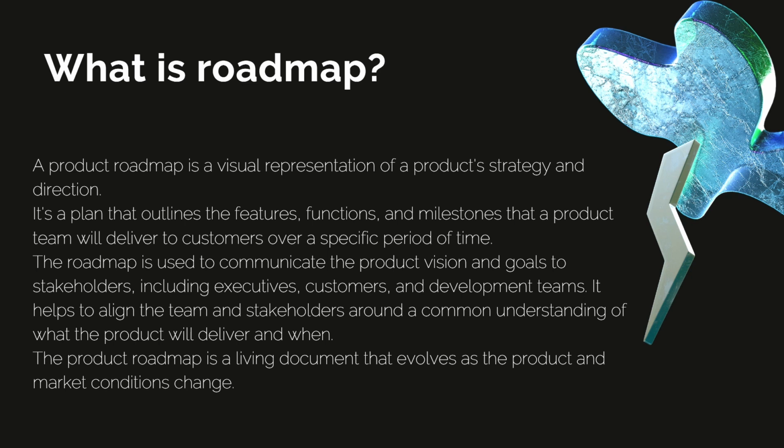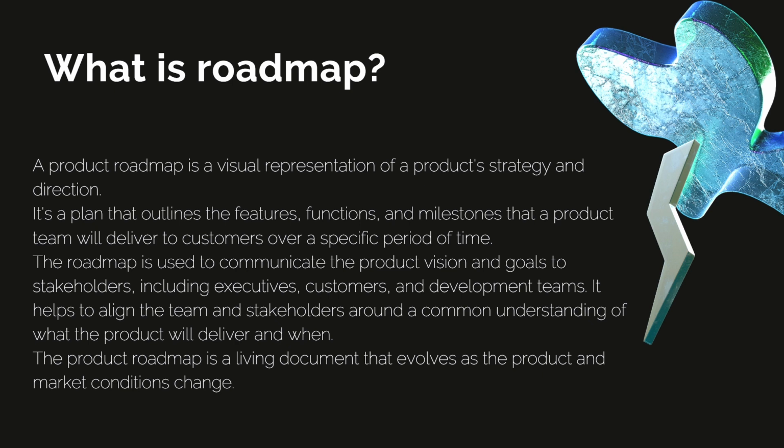What is a roadmap? A product roadmap is a visual representation of a product strategy and direction. It's a plan that outlines the features, functions, and milestones that a product team will deliver to customers over a specific period of time. The roadmap is used to communicate the product vision and goals to stakeholders, including executives, customers, and development teams.